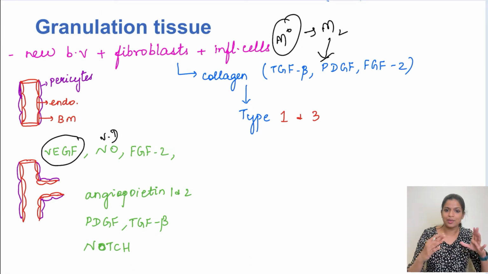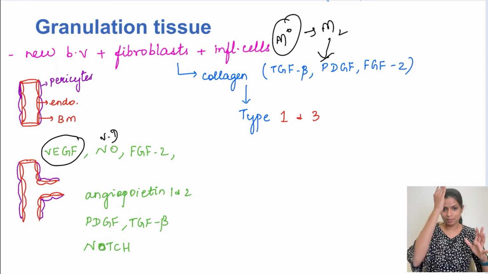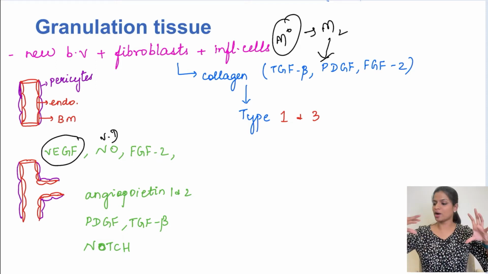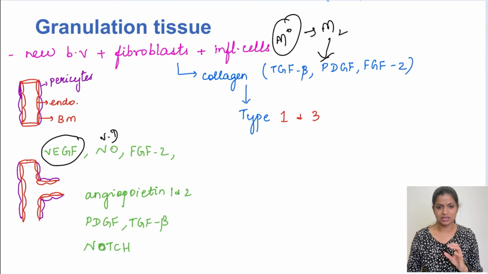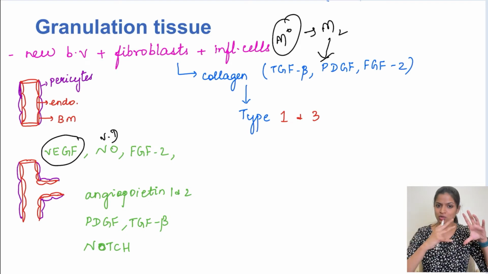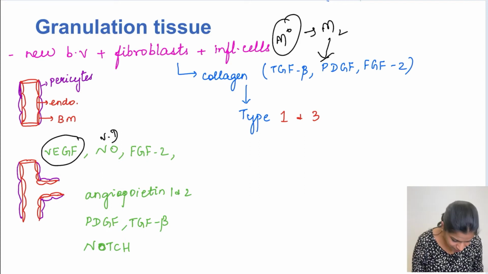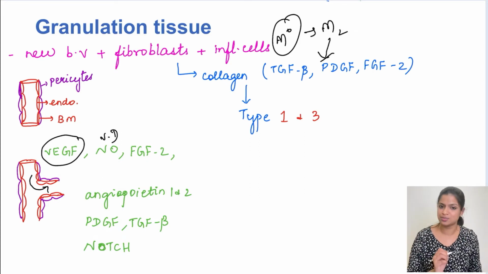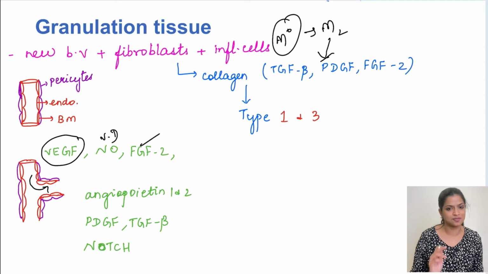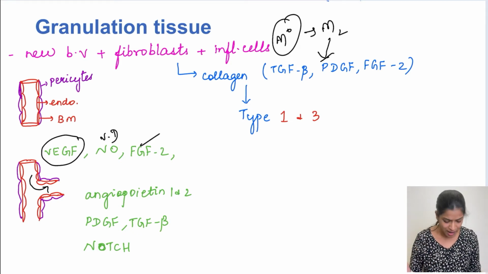Then what will happen? The basement membrane will break down and the new sprouting of the blood vessel will take place. When new sprouting takes place, the endothelial cells from the previously existing blood vessel will now go into this newly sprouted blood vessel. This is going to be directed by FGF2, which is fibroblast growth factor.